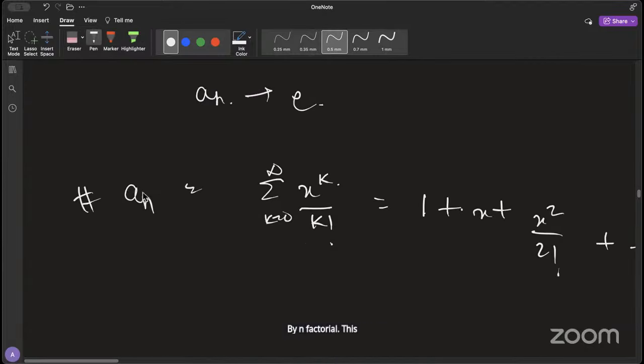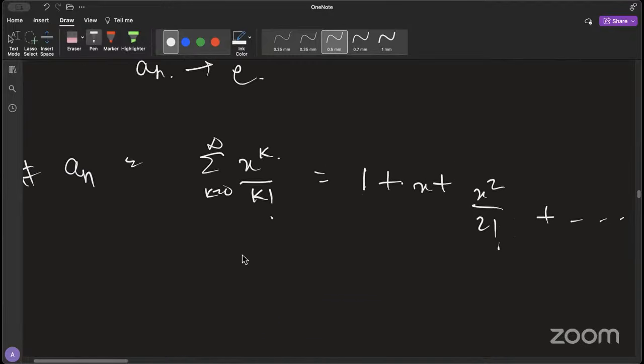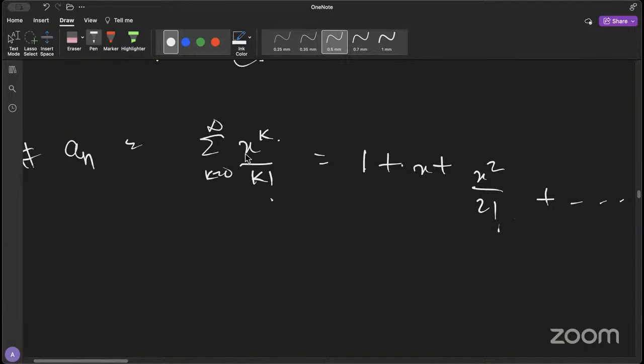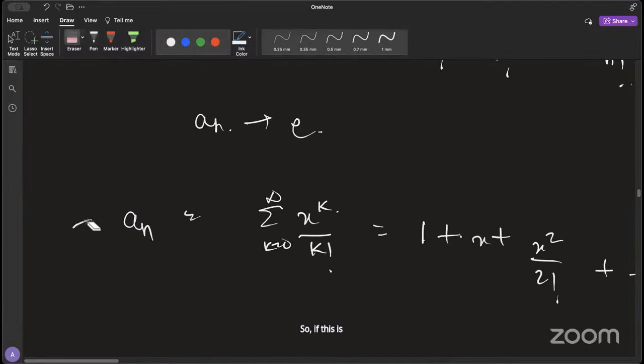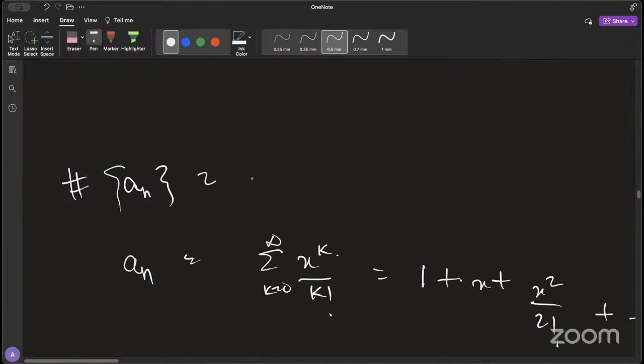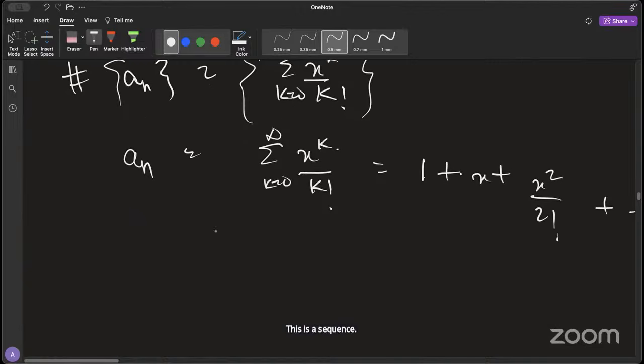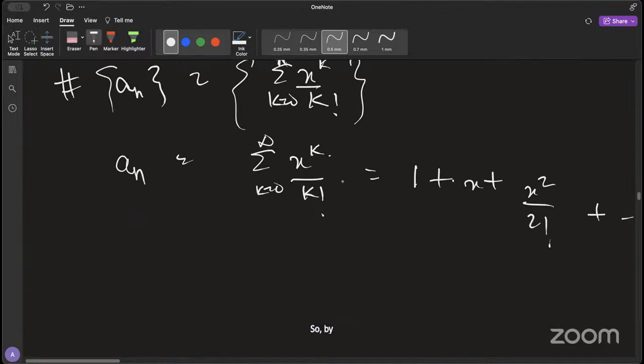This will be your nth term. So if I decide to take the sequence as summation x to the power k by k factorial, k varying from 0 to n, this is a sequence. So my nth term will be this.